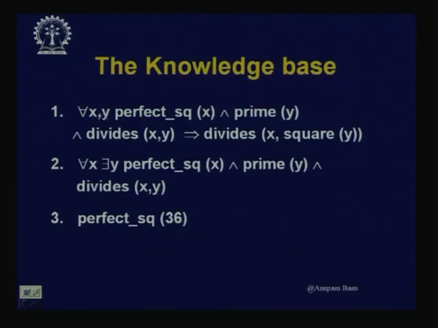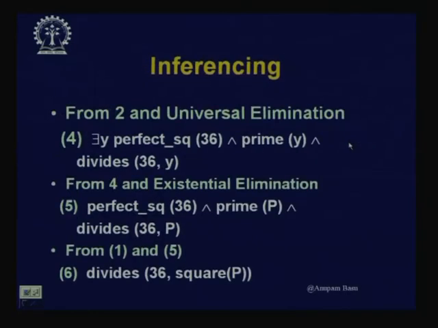Now this was the universal quantifier. So, I put 36 here and in place of y I put p and I can remove these two straight away, all these quantifications I can remove. So, I get perfect square 36 and prime p and divides 36 p, that was clause 5, implies divides 36 square of p. So, that is the sixth one that I am getting.